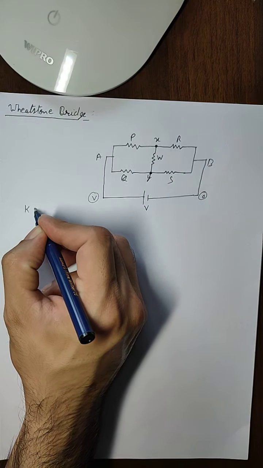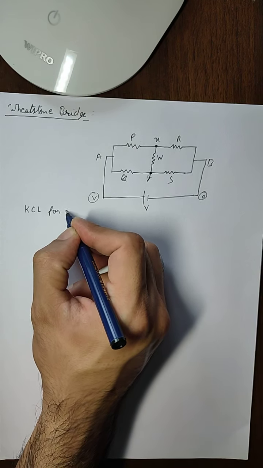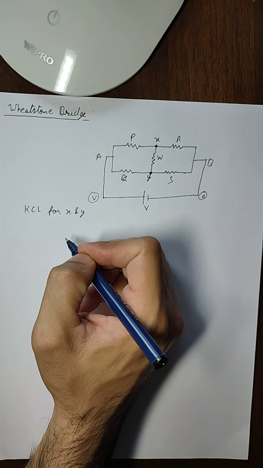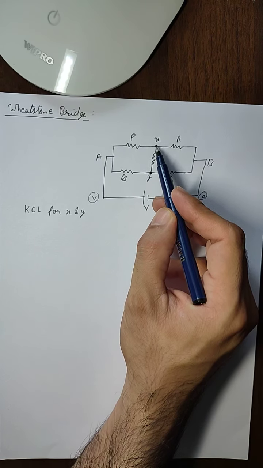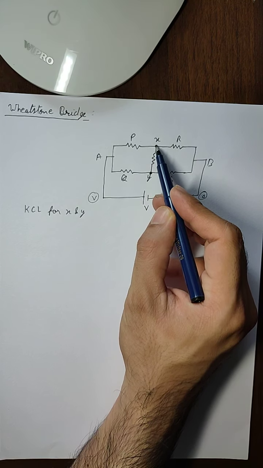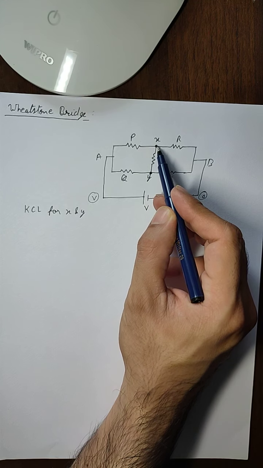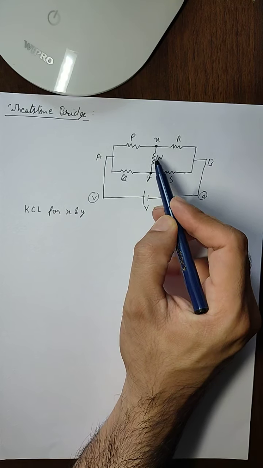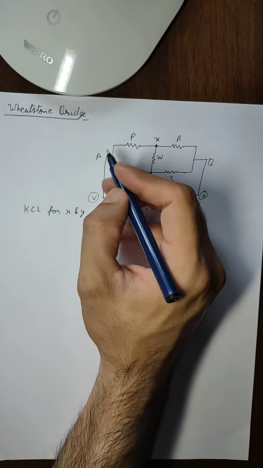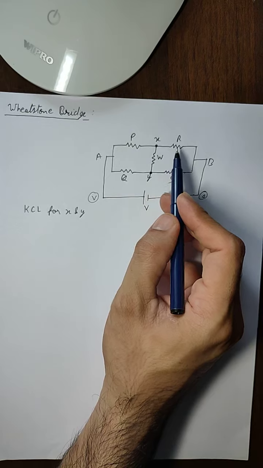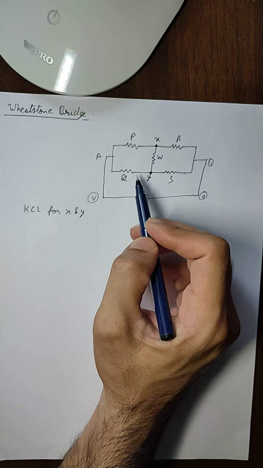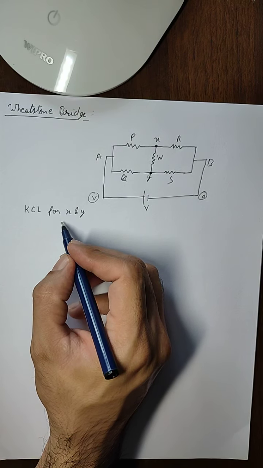Now if we write Kirchhoff current law for X and Y, then for X, as we always assume that the current is going in outward direction, so from X the current will be going out in three branches towards R, towards W and towards P. So one by one we will write the currents through each resistor.